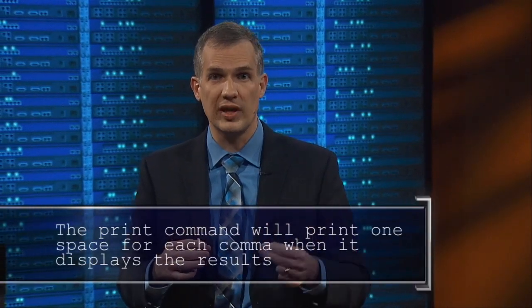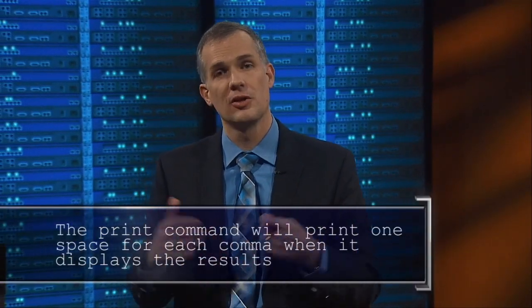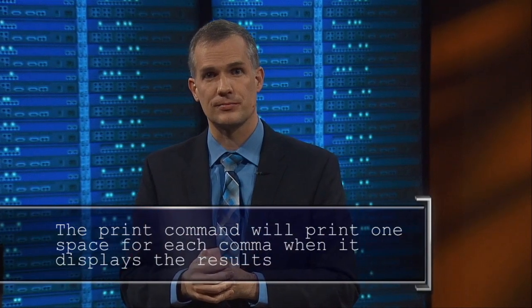Essentially, the material inside the parentheses is going to be printed out. We can also print out multiple items, just listing them in the parentheses, but separating them by commas. Now, it doesn't make any difference if you leave a space after each comma or not. The print command will print one space for each comma when it displays the results.